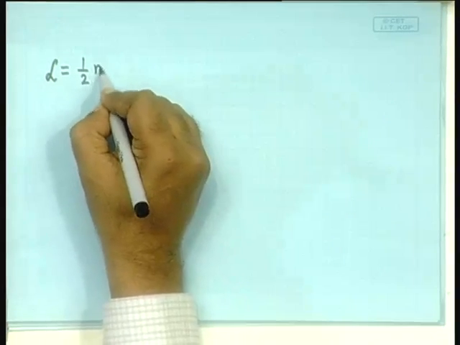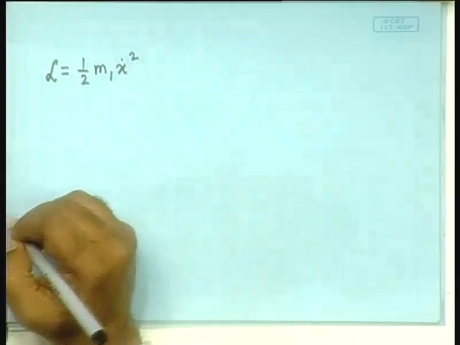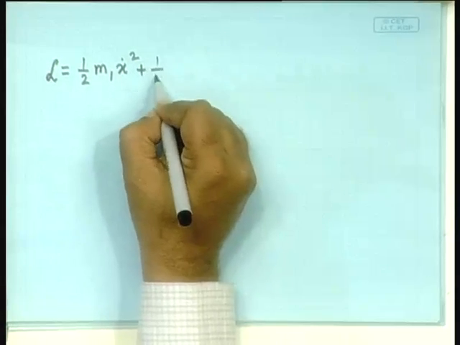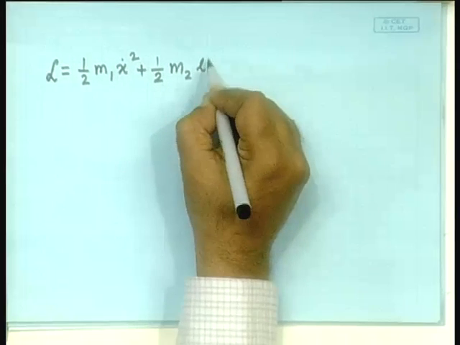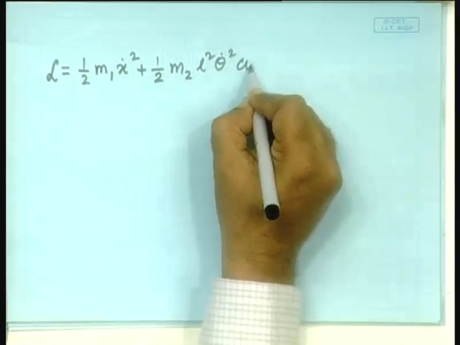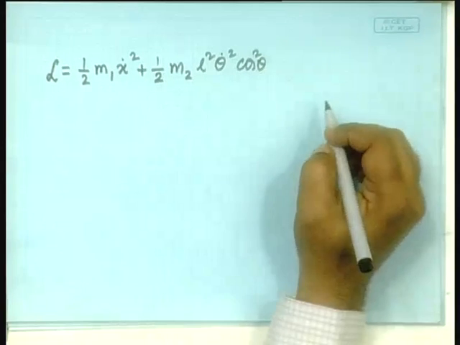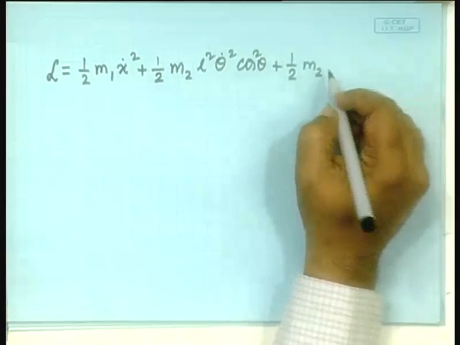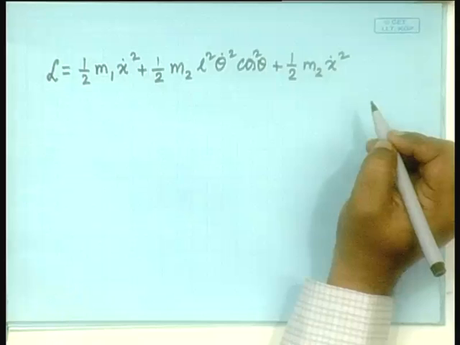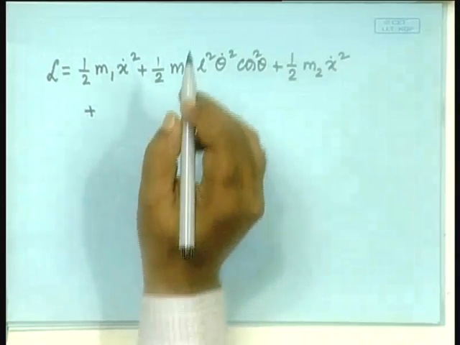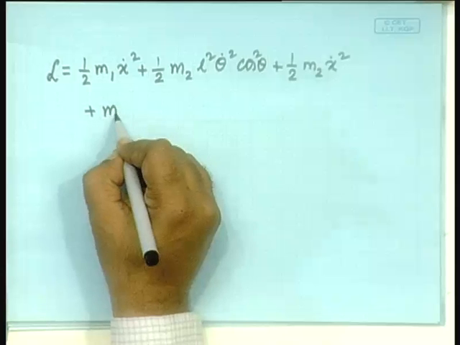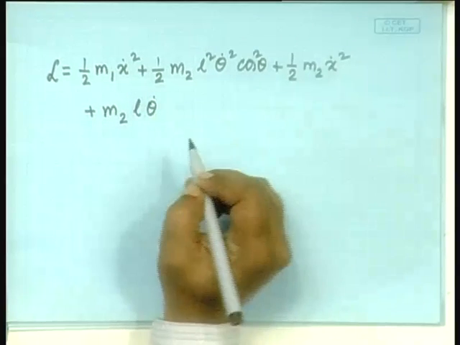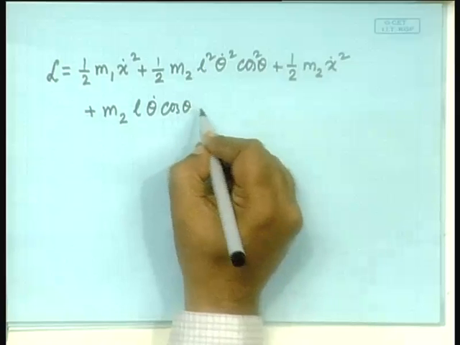So, let us write down the Lagrangian. Lagrangian is half m1 x dot square. Let us break that up. Half m2 L square theta dot square cos square theta plus half m2 x dot square plus m2 L theta dot cos theta x dot.